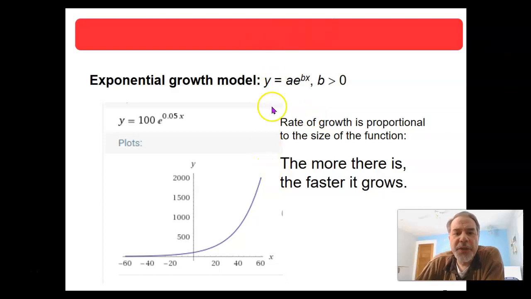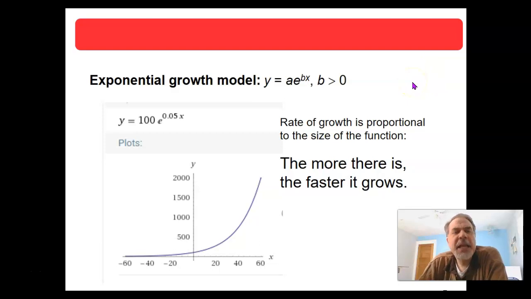But like I was saying, with this kind of model, the more there is, the faster it grows. And so when you have something like the spread of an infection, it often follows this kind of pattern, at least at the beginning. The more people are infected, the faster the infection spreads to yet other people.